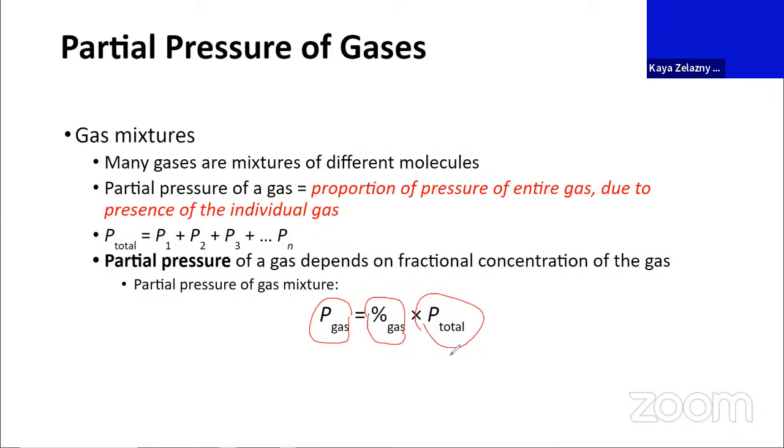So if you imagine multiplying atmospheric pressure, right, by the percent oxygen, you'd get the partial pressure of oxygen, which we would express like this. Partial pressure of oxygen, when we see it later, is going to be the PO2. So that's it. It's really just a percentage of that total.